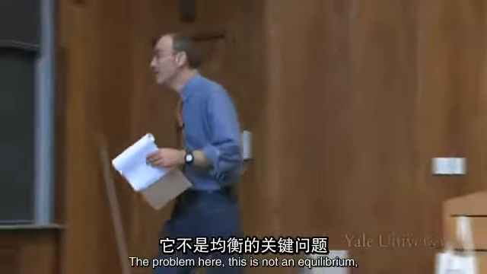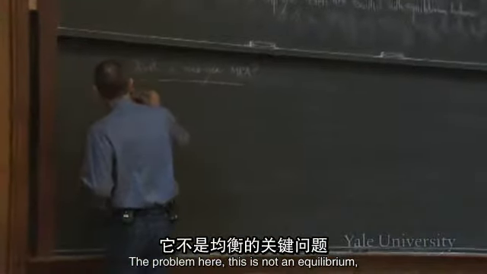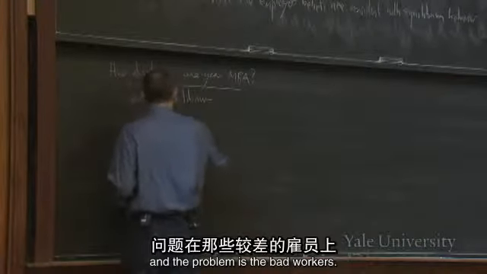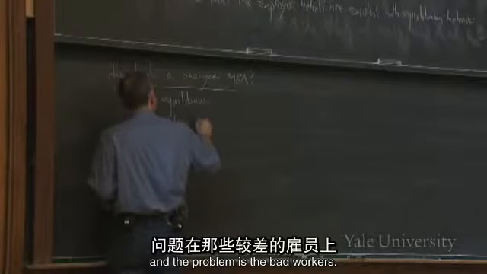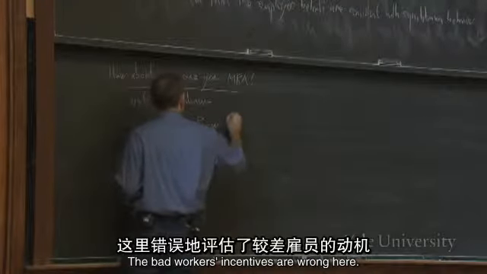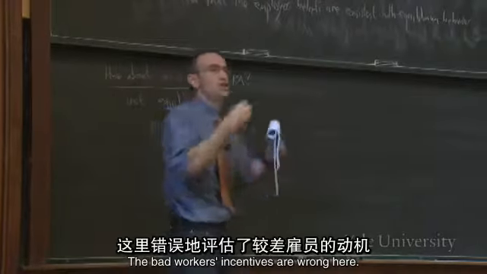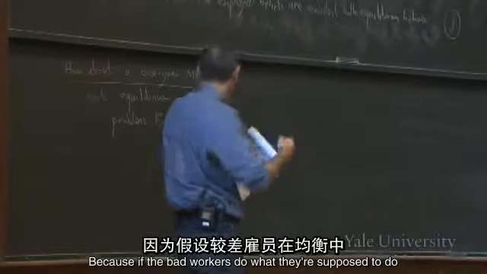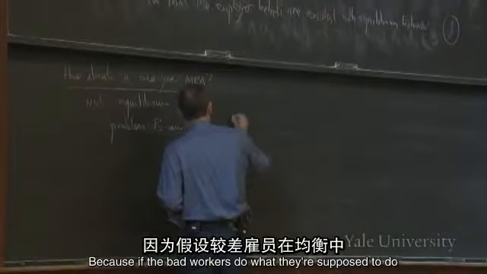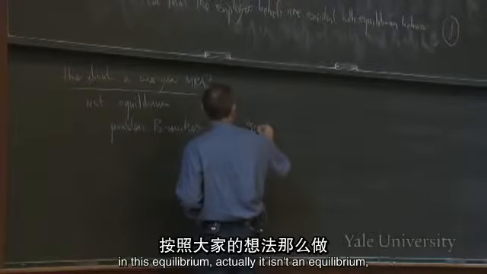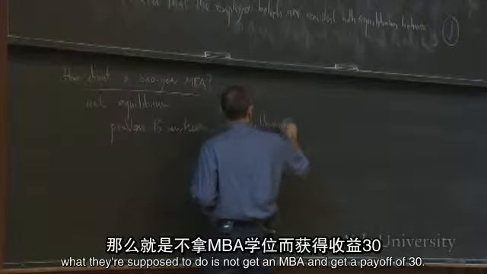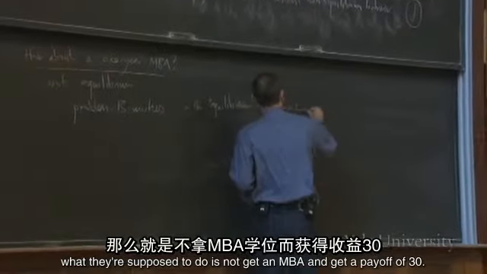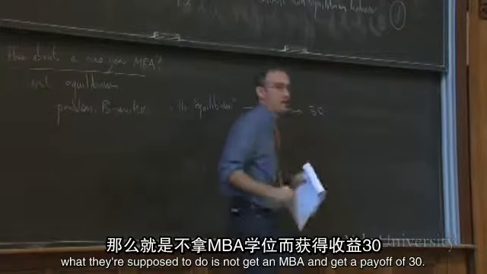The problem here, right, this is not an equilibrium. It's not an equilibrium, and the problem is the bad workers. The bad workers' incentives are wrong here. Right? Why? Because if the bad workers do what they're supposed to do in this supposed equilibrium, what they're supposed to do is not get an MBA and get a payoff of 30.